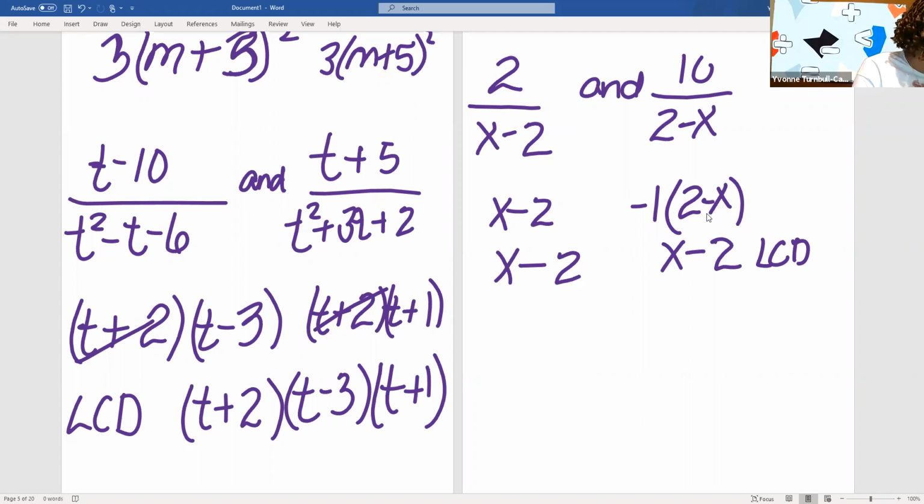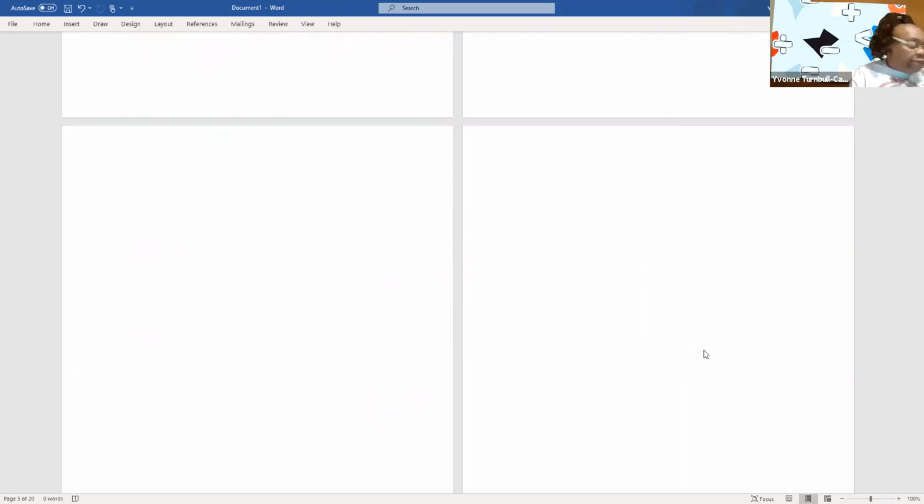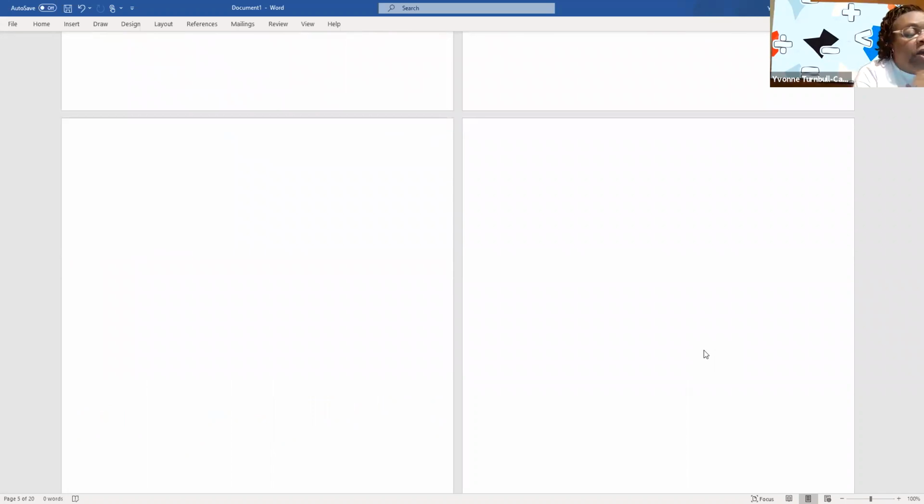Okay. Now, let's move on to the next thing. The next subtopic is going to be finding or writing equivalent rational expressions.